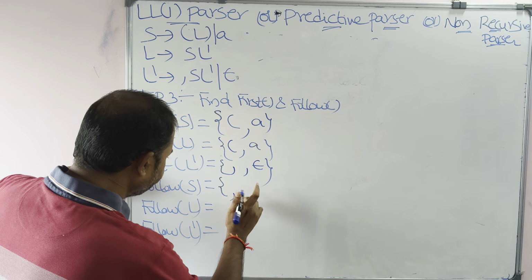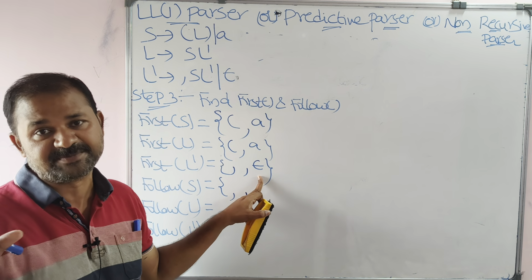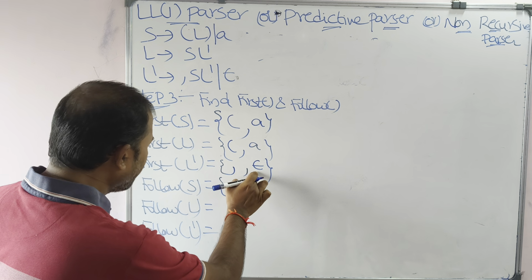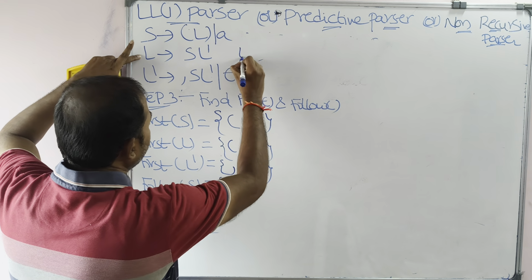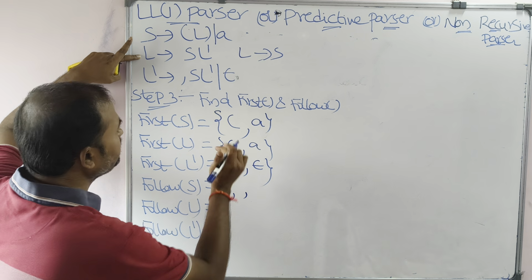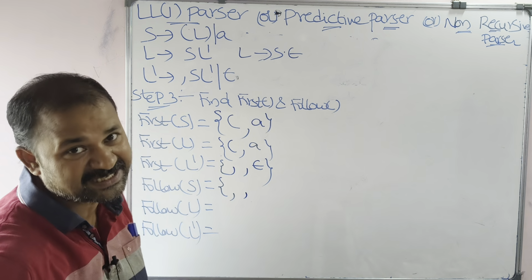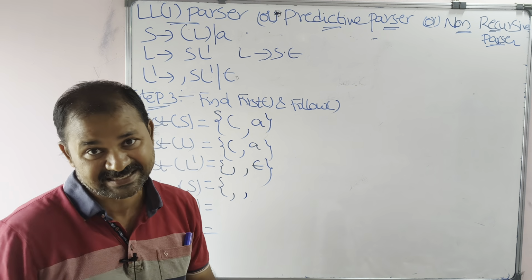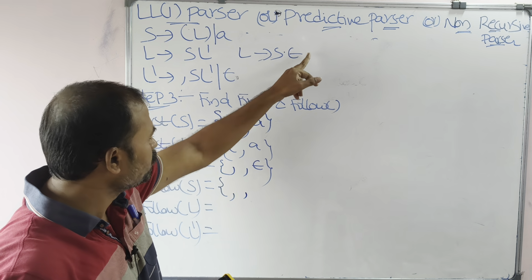Comma. Follow never contains epsilon, so we should not place epsilon in the follow. So we have to substitute epsilon in place of L dash. So L produces S, and in place of L dash, we substitute epsilon. That is nothing but L produces S epsilon, which is nothing but L produces S. So once again we have to calculate follow of S. Now there are no symbols.